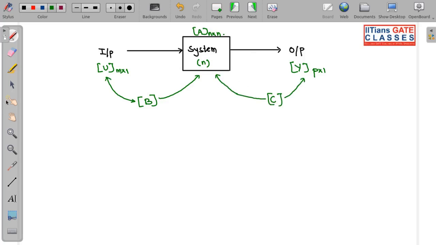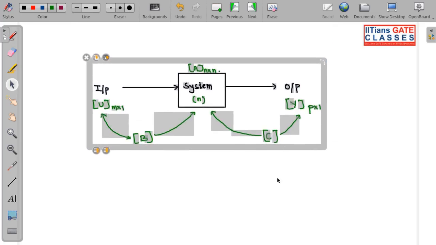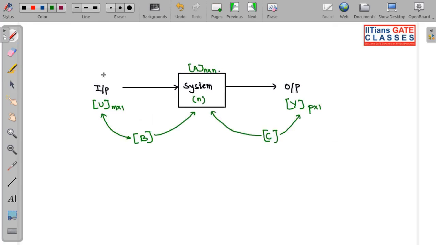And the direct relationship between input and output, where I had told you there will be no system in between, is given by your D matrix. So you can see over here that this is the basic relationship between the A, B, C and D matrices.